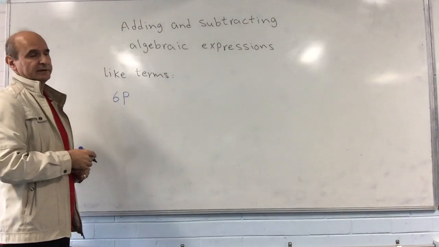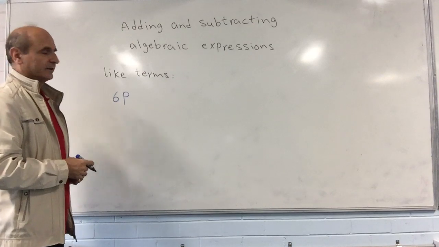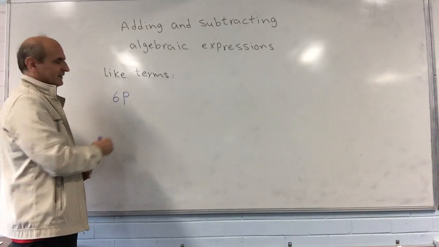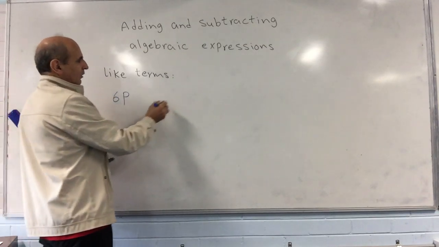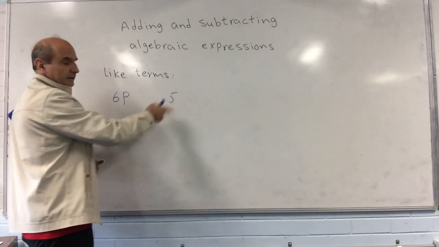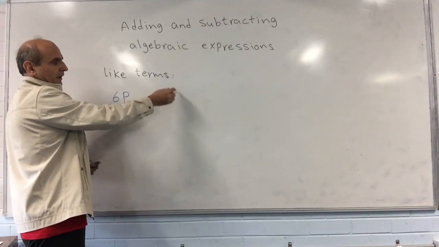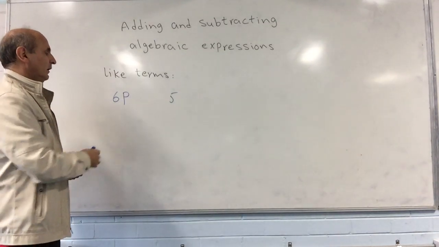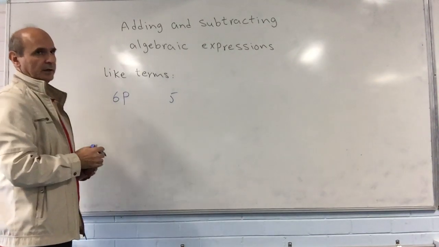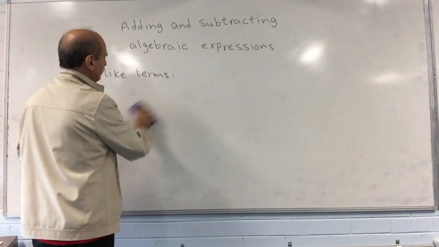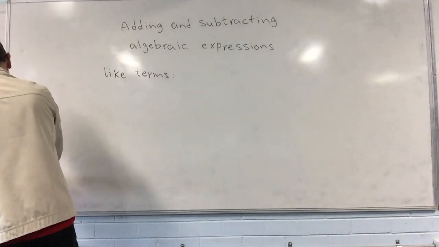A pronumeral is a letter that represents a number. So 6p is an example of a term, or even 5 also is a term. So a term can be just a single number, or a number multiplied by a pronumeral.